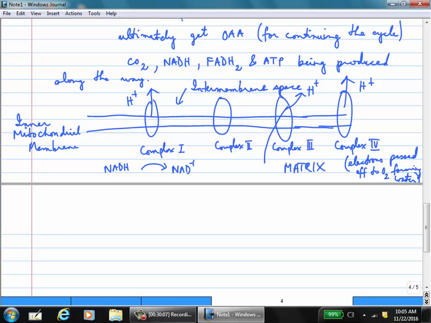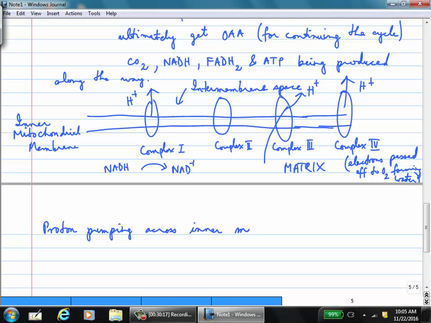Let me write that out: proton pumping across the inner mitochondrial membrane and ATP generation. This produces the proton motive force, and when protons flow down that gradient, you have this machinery that is going to produce ATP.